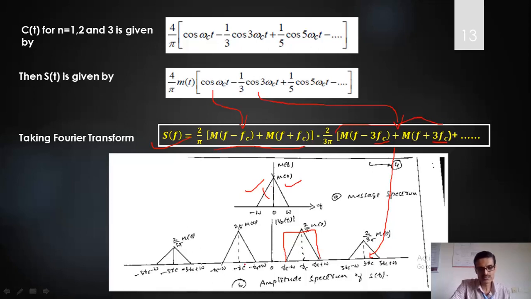It allows only this component on the negative side, and this component on the positive side. The rest of the components, like those centered around 3 fc, or maybe 5 fc, will all be eliminated by the band pass filter.